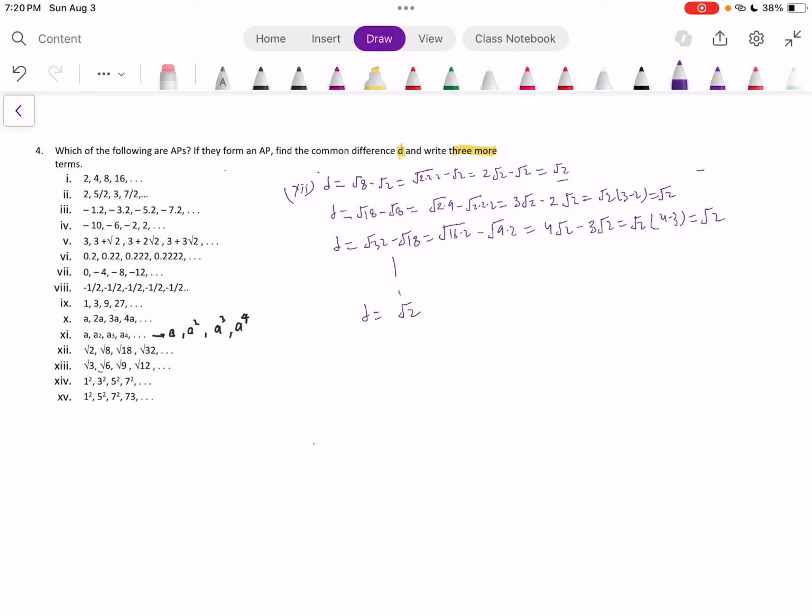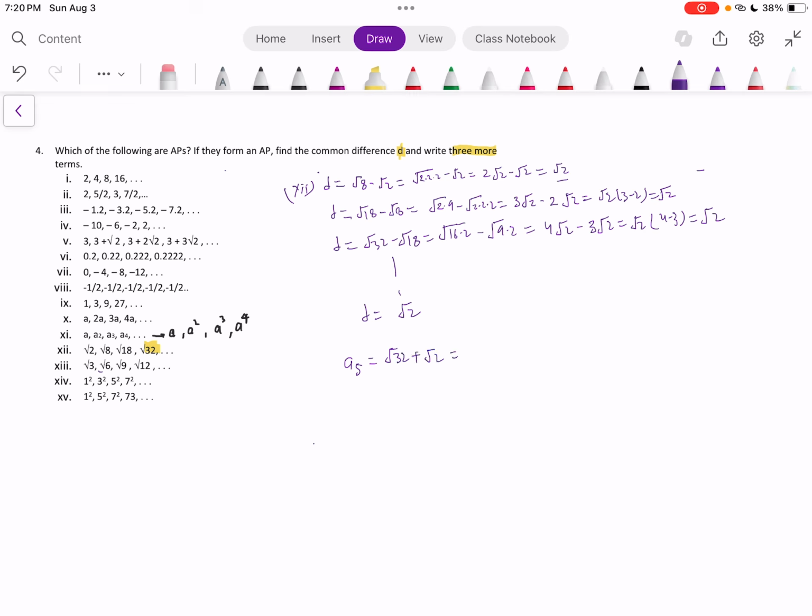So the next term, 1, 2, 3, 4, the fifth term is going to be square root of 32 plus square root of 2.